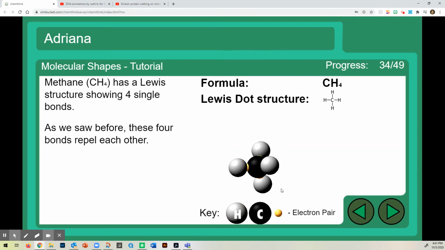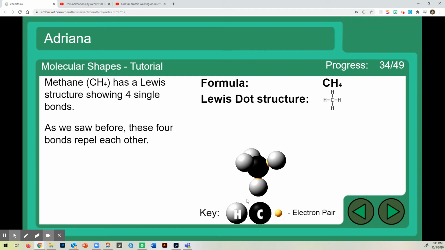Let's look at methane now. So methane is a Lewis structure showing carbon with 4 hydrogen atoms bonded to it. And as we saw before, these 4 bonds are all going to repel each other, right? And so let me just put together my little methane molecule that's going to look a lot more like the one it's showing you, because there are no double bonds present.